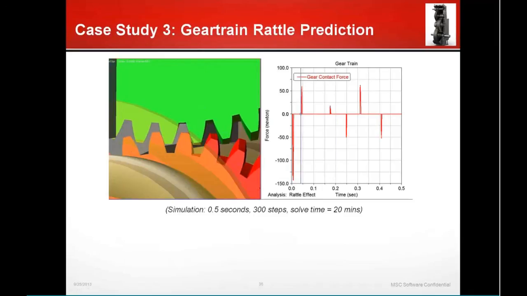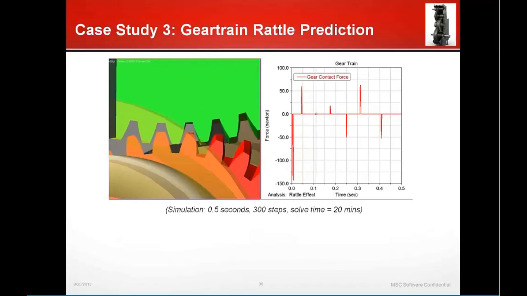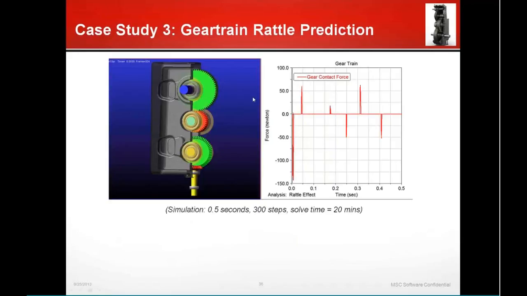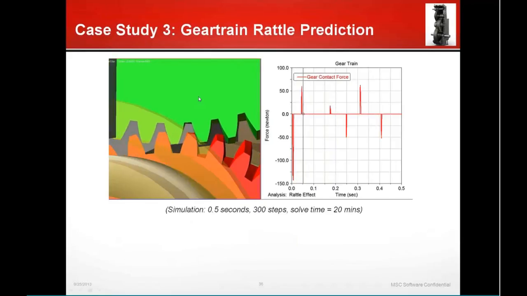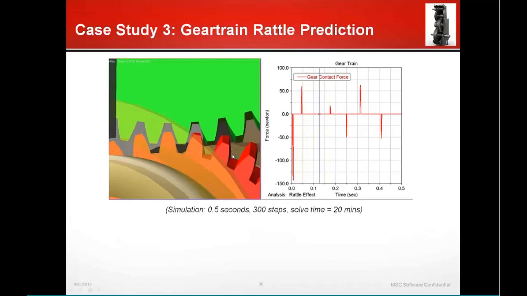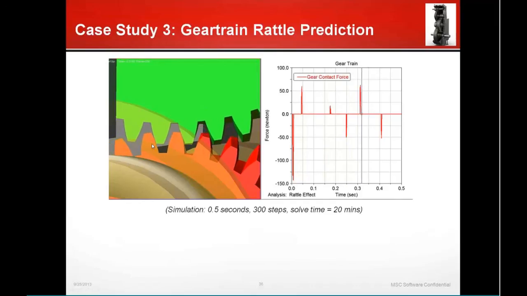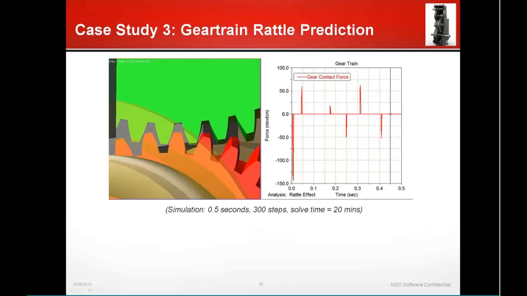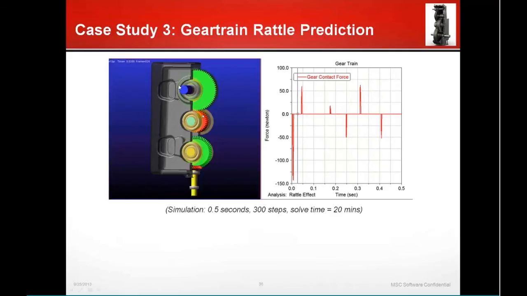We're studying the interaction between two gears, the driving gear and the driven gear. The driving gear is this green gear, and the driven gear is the red gear. We're trying to simulate the rattling effect of this driven gear with the input function defined at this input shaft.